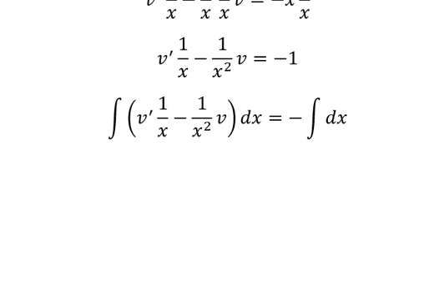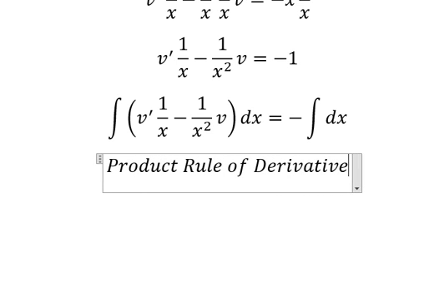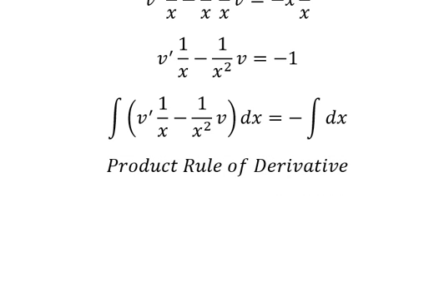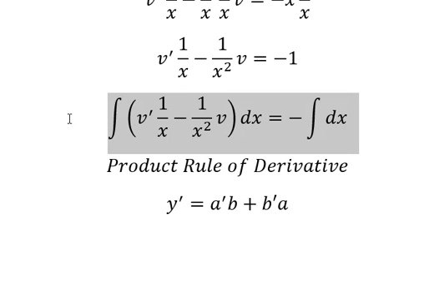So we can apply about the product rule of derivative. So we have first derivative of y equals to first derivative of a multiplied by b plus first derivative of b multiplied by a.